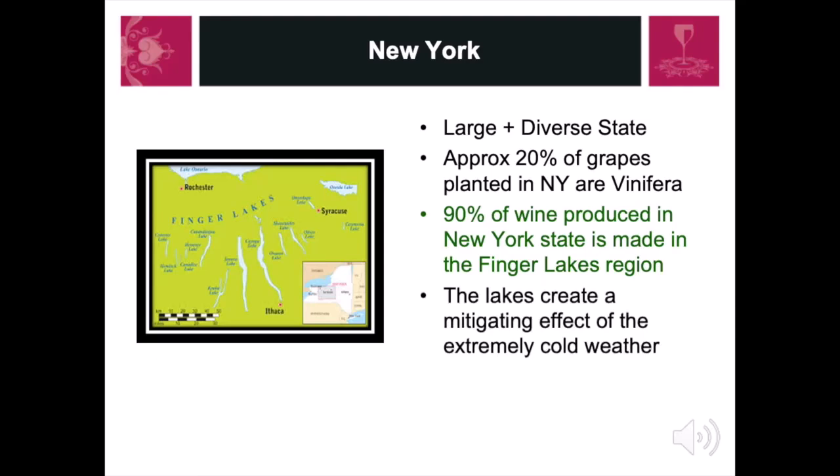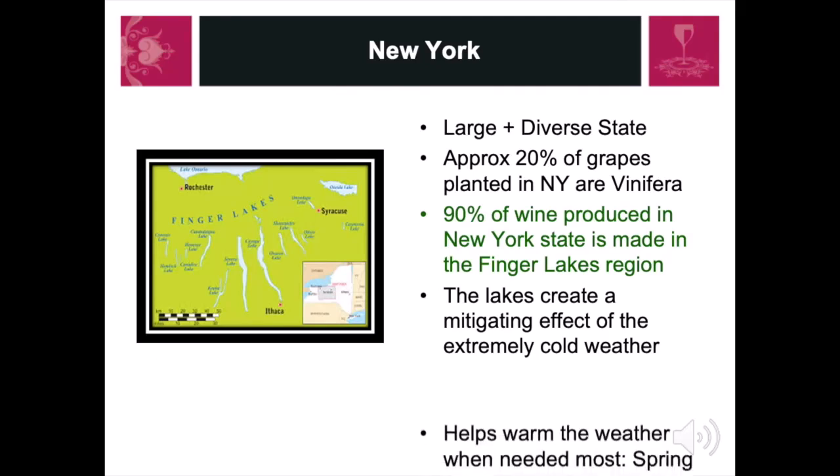So the lakes are a very exciting region. I think you can simply say that the lakes create a mitigating effect on the extremely cold weather in northern and central New York. And what's interesting about that is that the lakes can really impact the ground and human level of climate and weather patterns in the Finger Lakes.